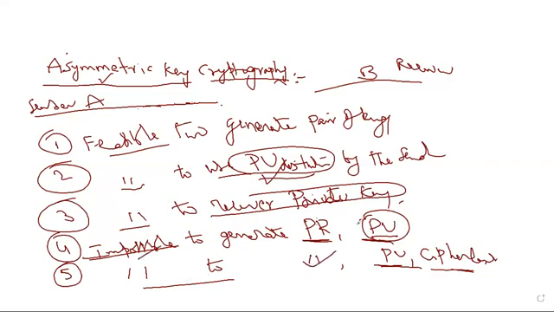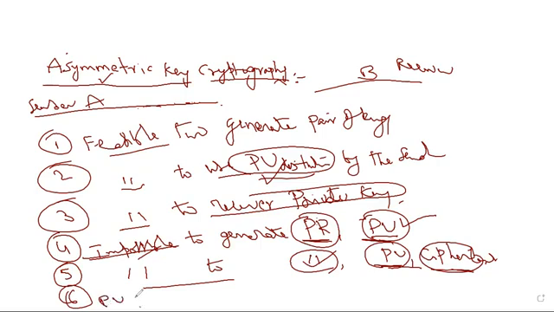The fourth set is that even if the public key is known to the opponent, it is not possible to generate the private key. Even if the opponent knows the public key and ciphertext, it is not possible to generate the private key, right? And the last one is that the sender can use the public key of the receiver and the private key of his own in a sequence.